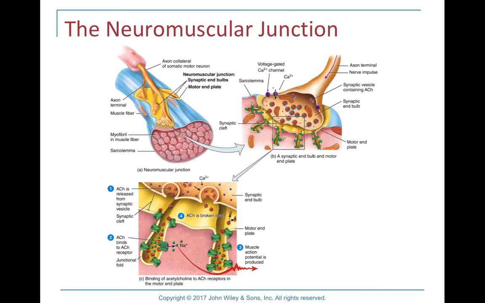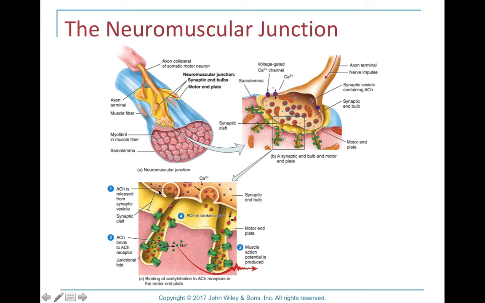So here we see these steps in a figure. So we're in the actual neuromuscular junction here. So the nerve is coming to the muscle, and then we see the axon terminal and the synaptic end bulb of the nerve, and we see our muscle here.